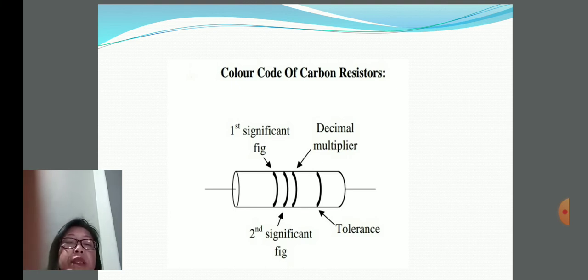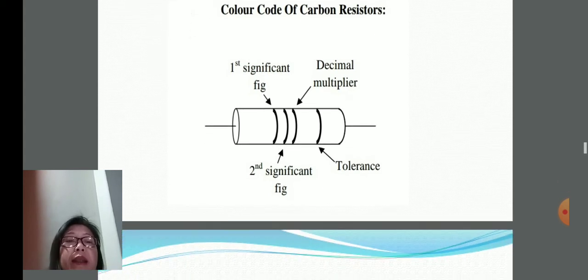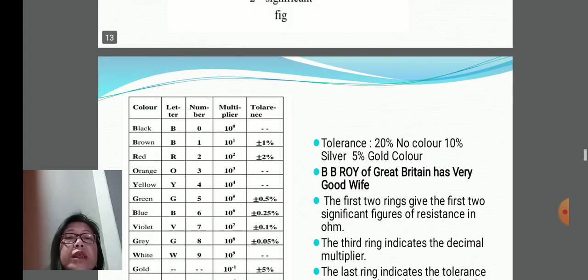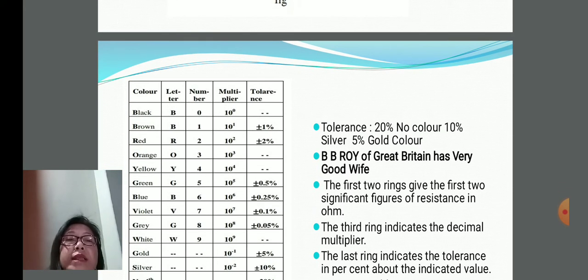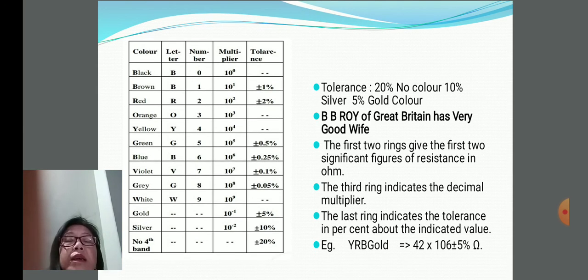Now, how to read the color code? Here the color sequence has been given: black, brown, red, orange, yellow, green, blue, violet, gray, white. Now there will be gold, silver and no fourth band.